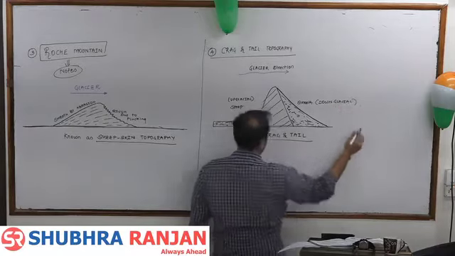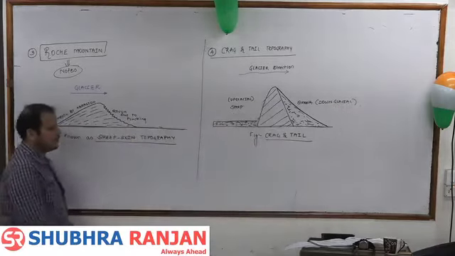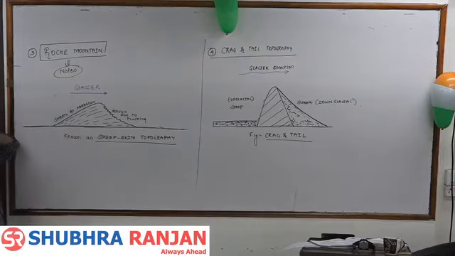And I had shown you iska photo also. Royal Road, Royal this thing, this is what is the crag and tail topography.